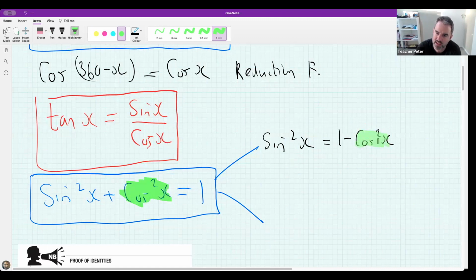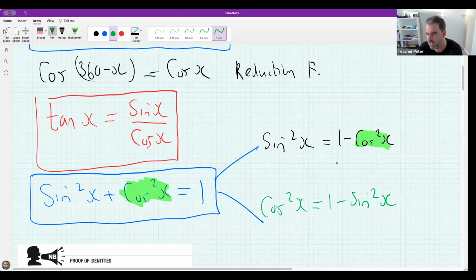So it's the same identity, just rearranged. And then you can also rewrite this as cos squared x equals 1 minus sine squared x. This is the same identity, just a different way of writing it.